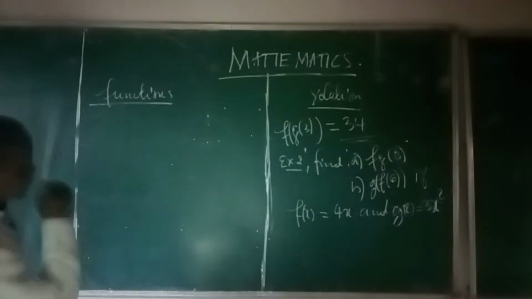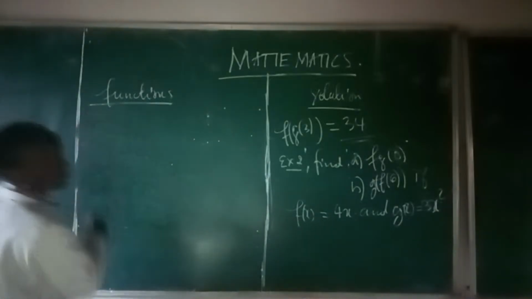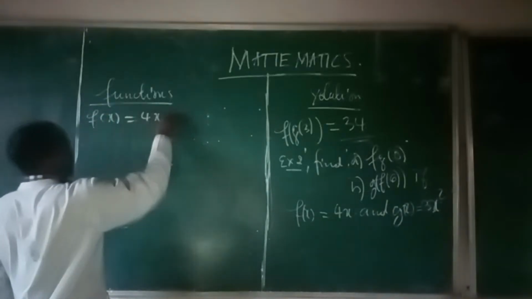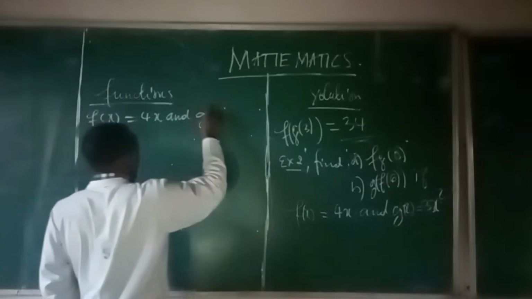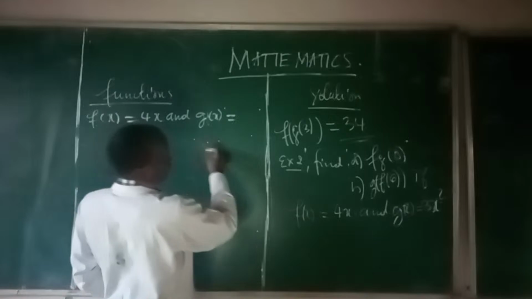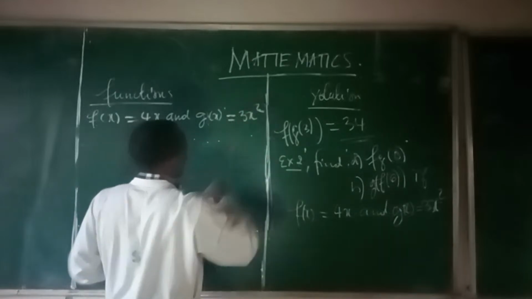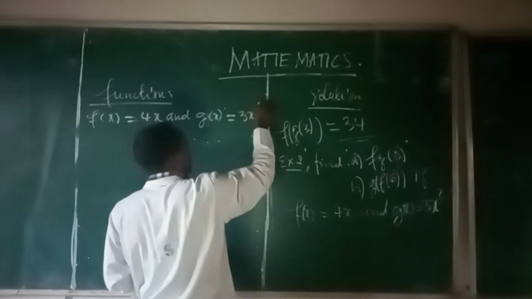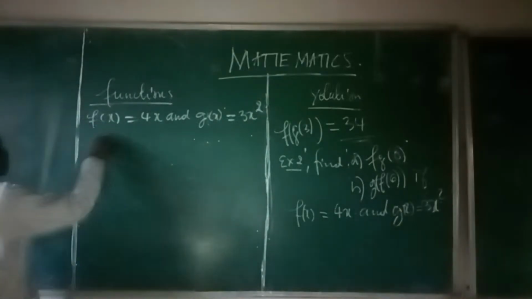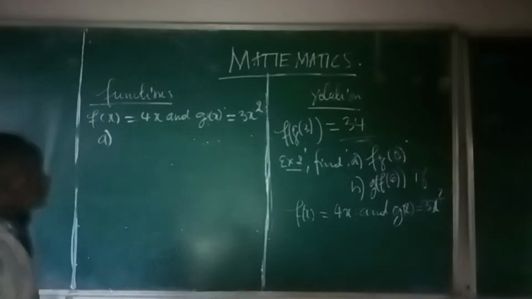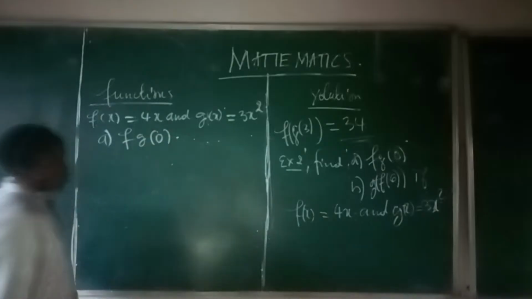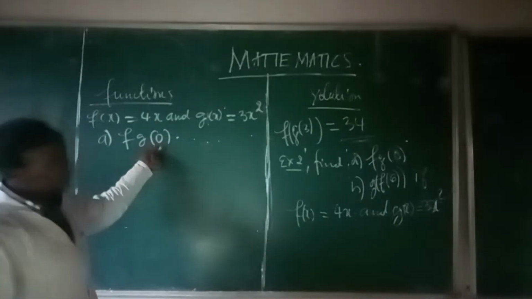Now we have been given f of x equal to 4x, and g of x equal to 3x squared. Now we are asked the question f of g of 0. So in the place of x, we have been given 0.